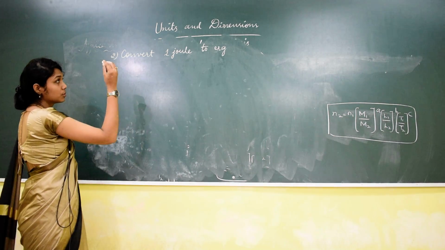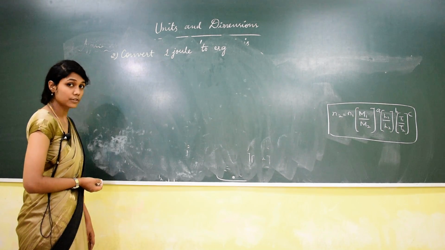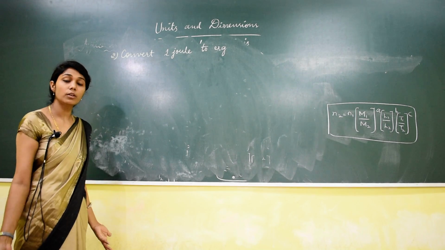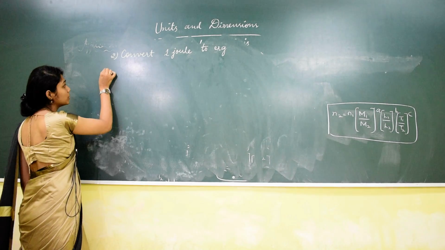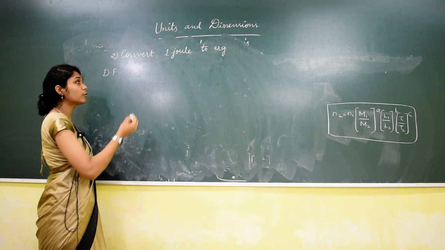So to convert a given physical quantity from joule to erg, first I have to write the dimensions of energy here, because joule is the SI unit of energy. So first let me write the dimensional formula for energy.